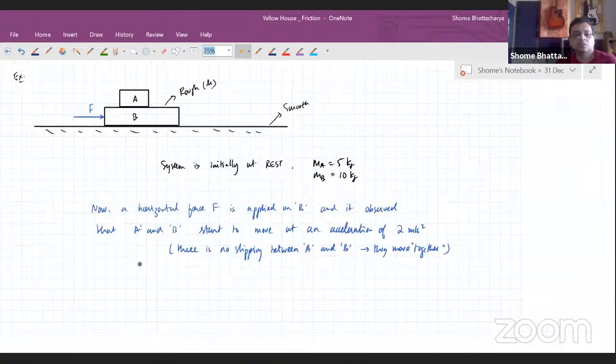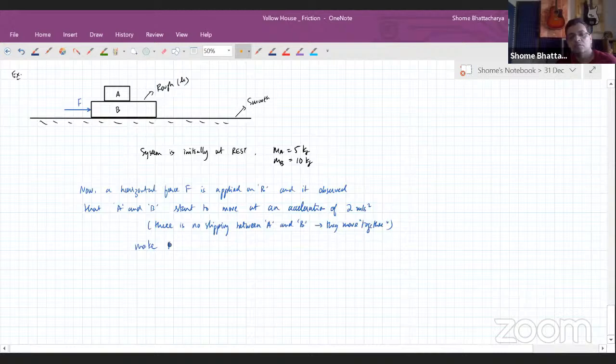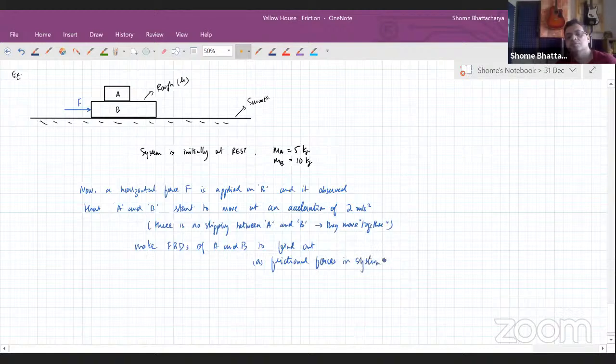So what we have to do here is make free body diagrams of A and B to find out the frictional force in the system, the magnitude of F, and the minimum value of mu for this situation.